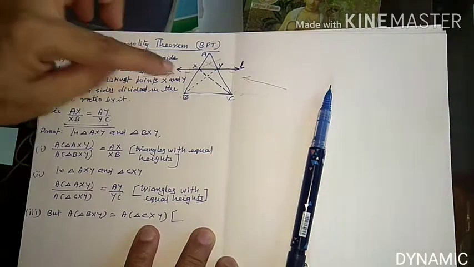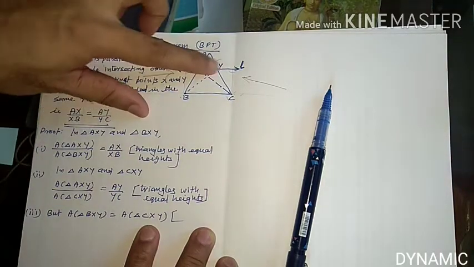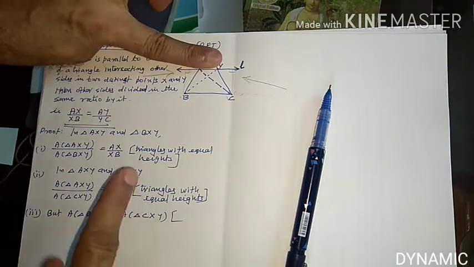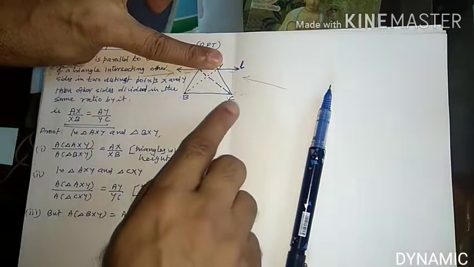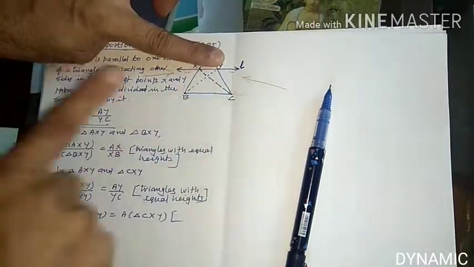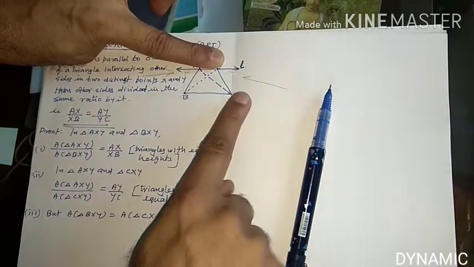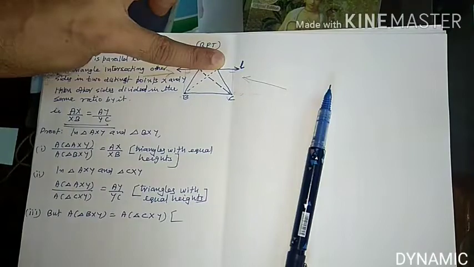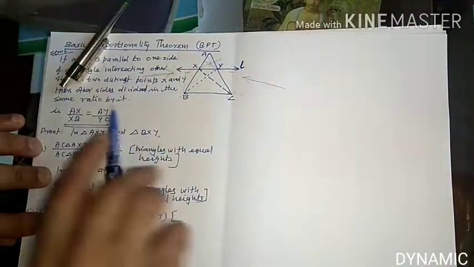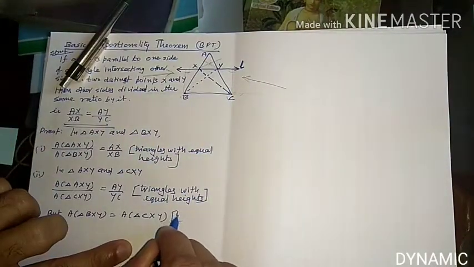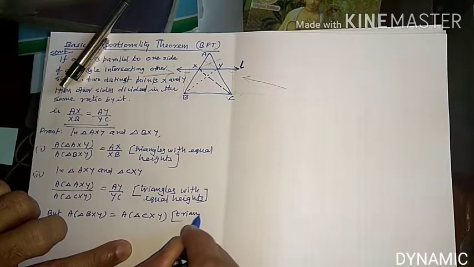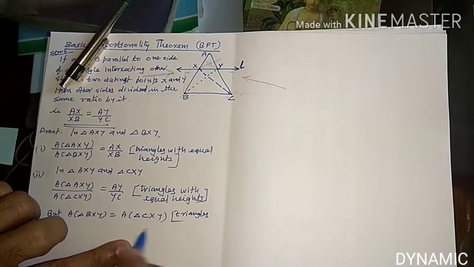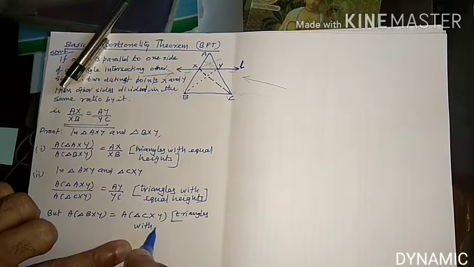Therefore, triangle BXY has base XY and perpendicular height, and triangle CXY has the same base XY and perpendicular height. Meaning the same base and equal heights, so the triangles have the same base and height.